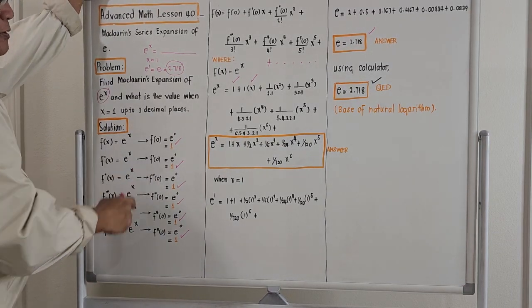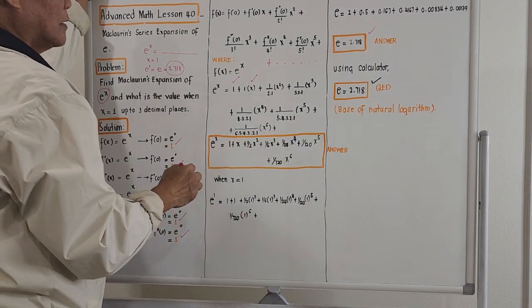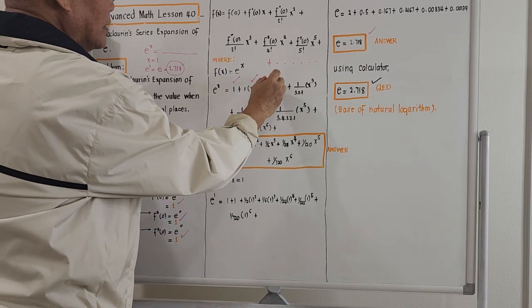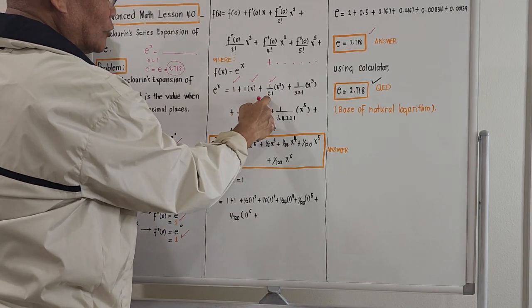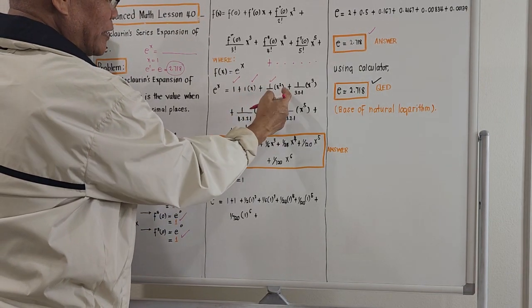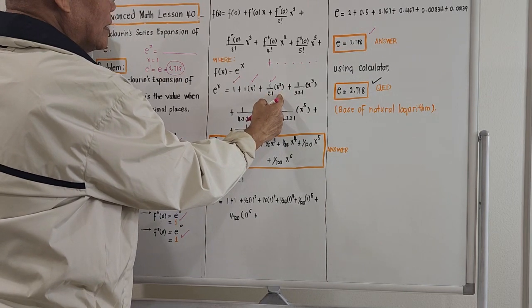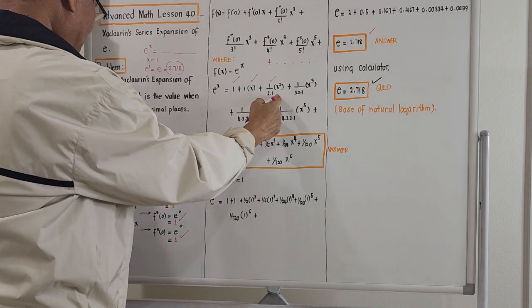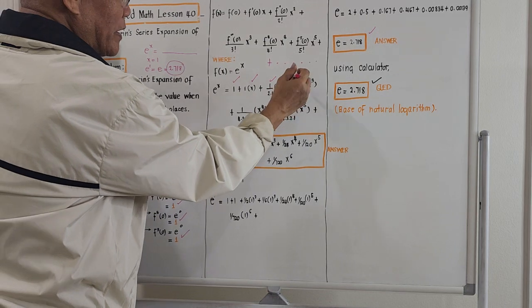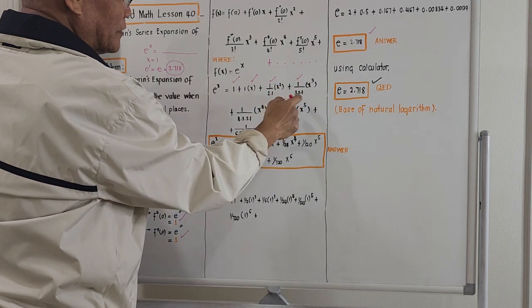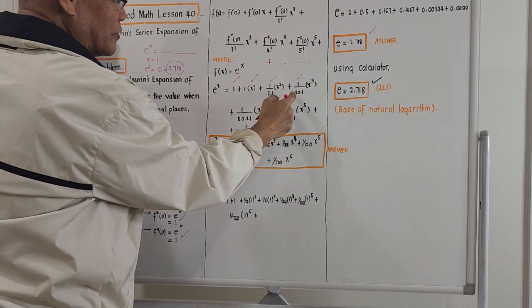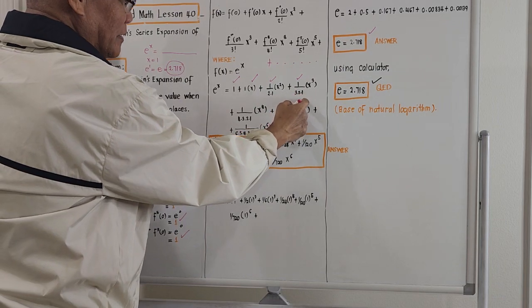F double prime of 0, what's the value? It is also 1, all over 2 factorial. 2 factorial is 2 times 1, times x squared. Okay? F triple prime of 0, it is 1, all over 3 factorial. 3 factorial is 3 times 2 times 1, times x cubed.